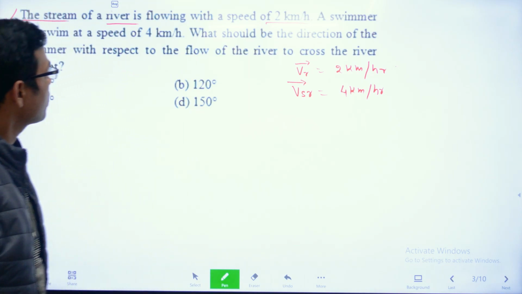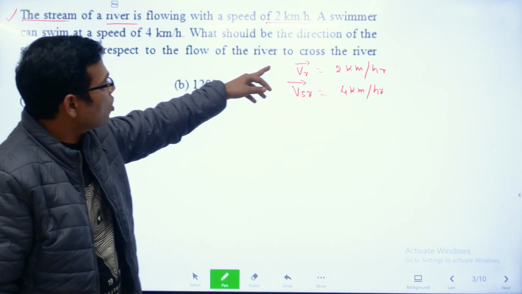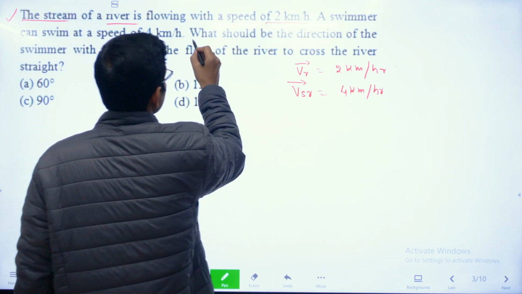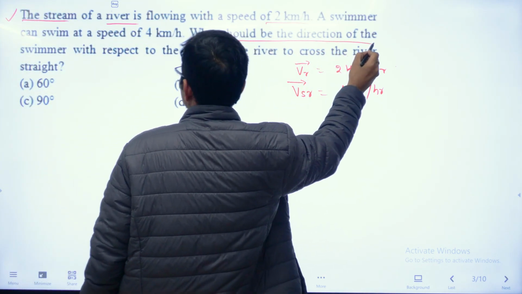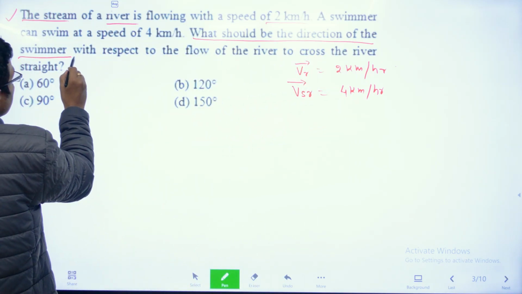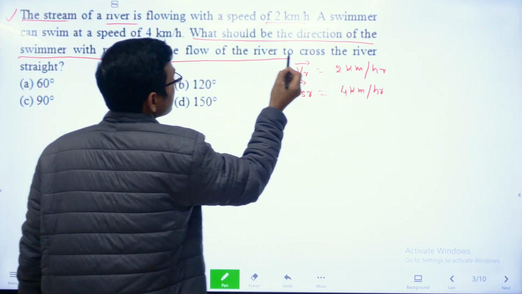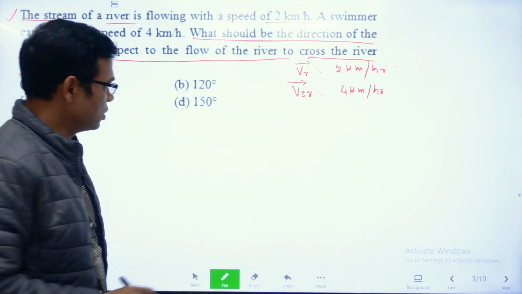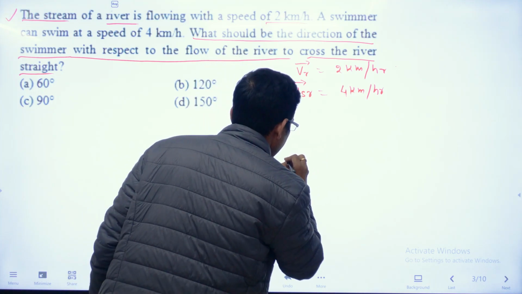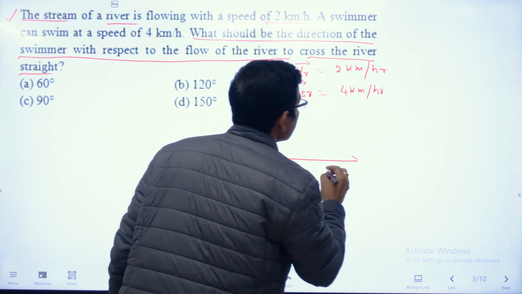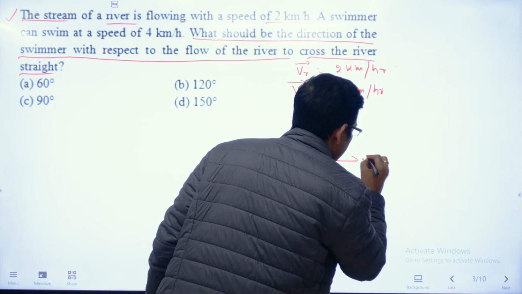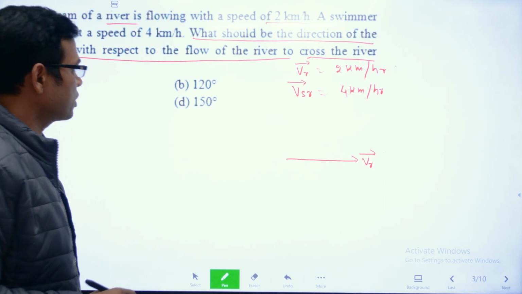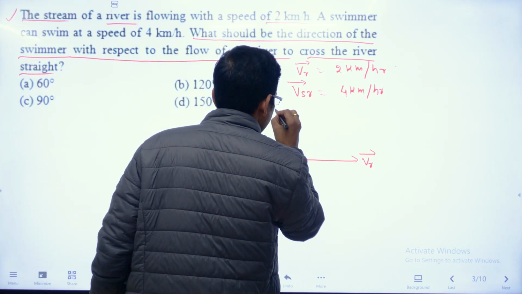Okay, so with respect to the flow of the river, we need to determine what should be the direction of the swimmer with respect to the flow of the river to cross the river in a straight line. Suppose this is the direction of the river, and this is V, the velocity of the river.